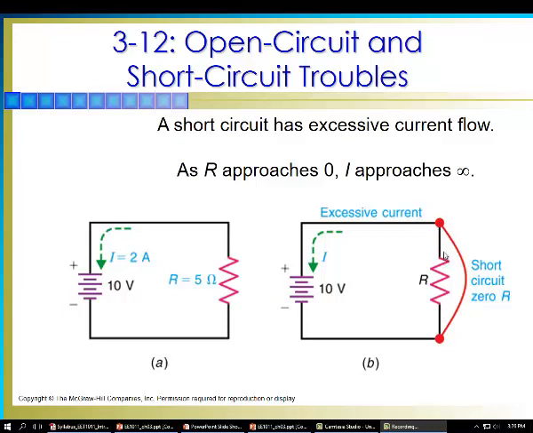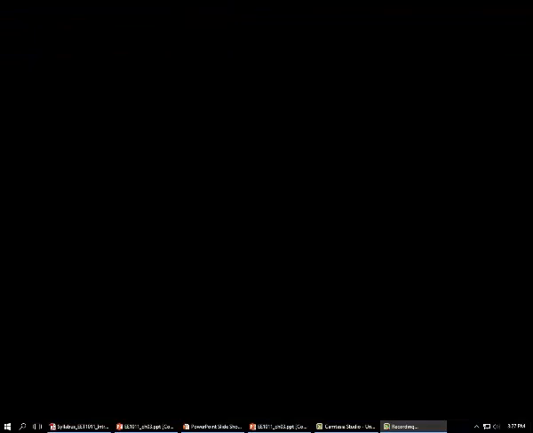So basically this overtakes this position right here, and now the resistance in the ideal wire is zero. It's almost zero. The voltage divided by the resistance gives you the current, so divide 10 by 0, that gives you infinity. So if you short circuit something, you will get an excessive current flowing through the circuit, and it will damage whatever devices are connected to it.